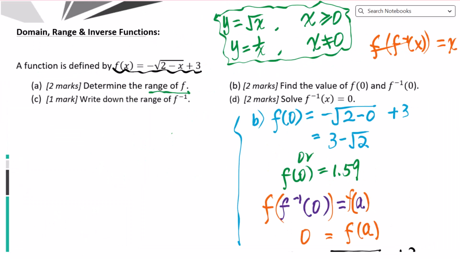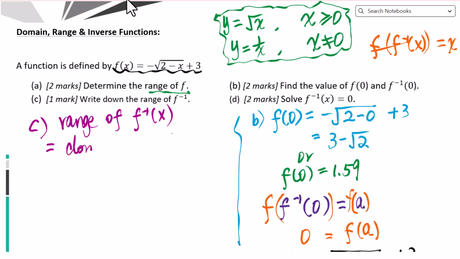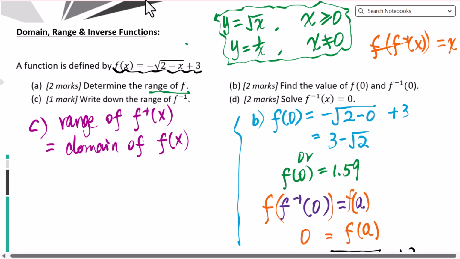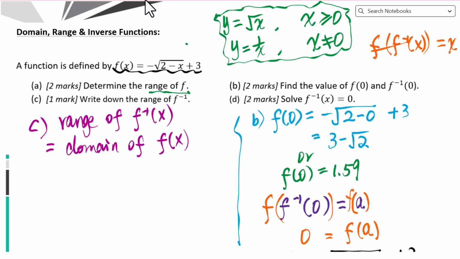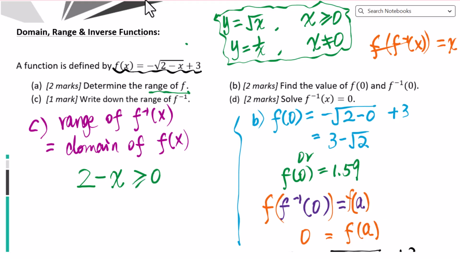Let's go to C. Write down the range of inverse function. We know range of inverse function equals the domain of f of x. For this square root function, the domain will be 2 minus x greater than or equal to 0.